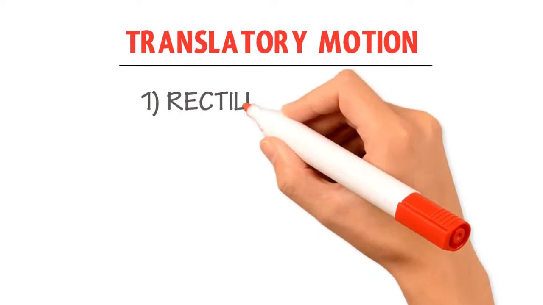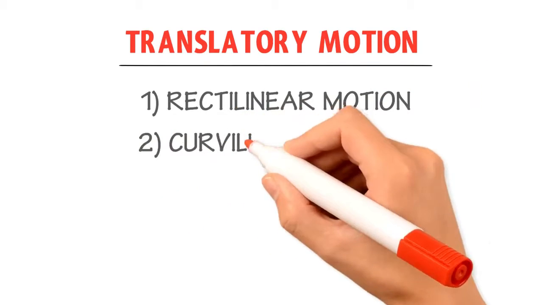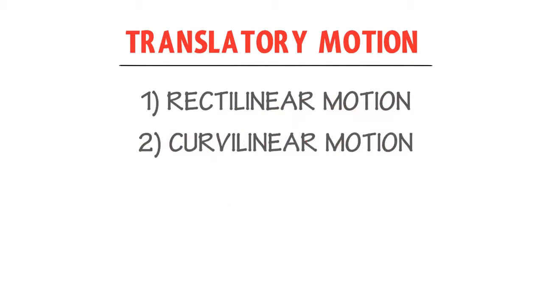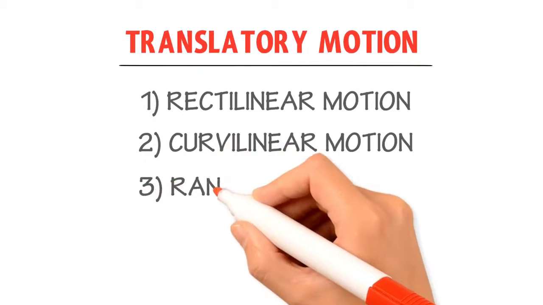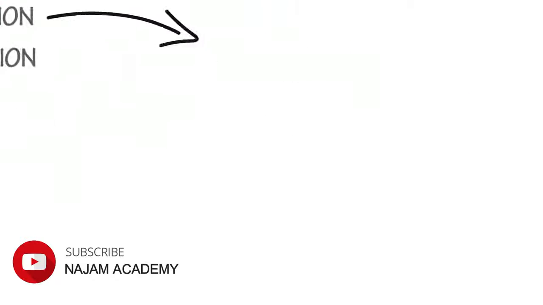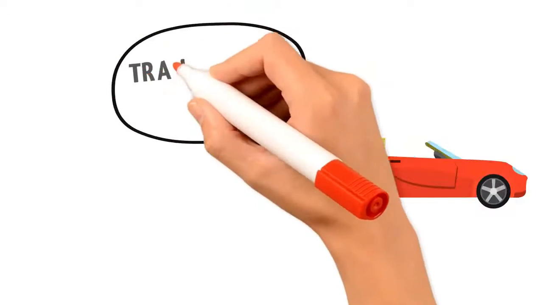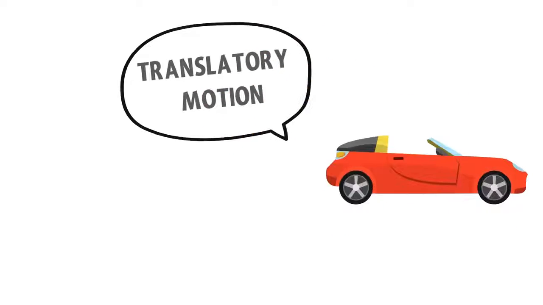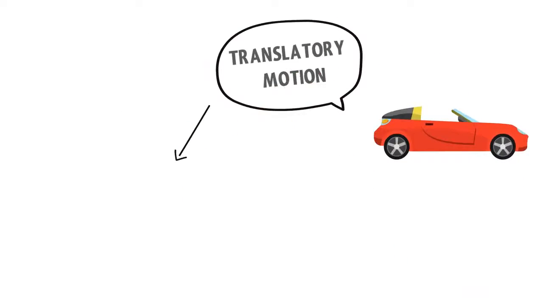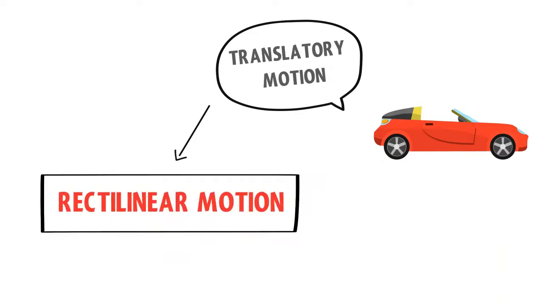The first type of translatory motion is rectilinear motion, the second type is curvilinear motion, and the third type is random motion. When a body moves along a straight line, we already know that it is in translatory motion, but such type of translatory motion is also known as rectilinear motion.